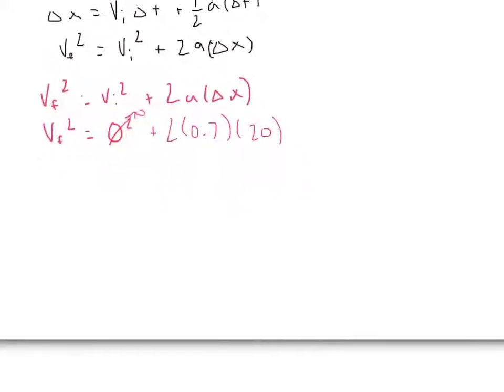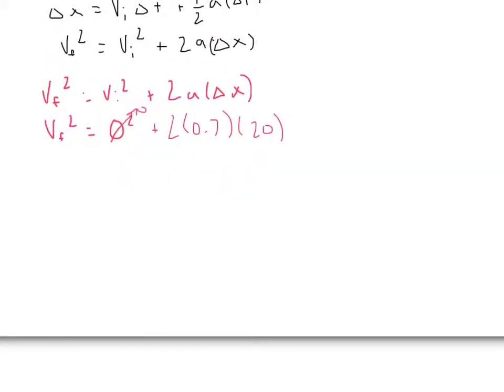Let's clear up some room here. Alright, so let's do some math now. V final squared, we keep that alone. 0 goes away. 2 times 0.7 is 1.4. 1.4 times 20 is going to give us 28.